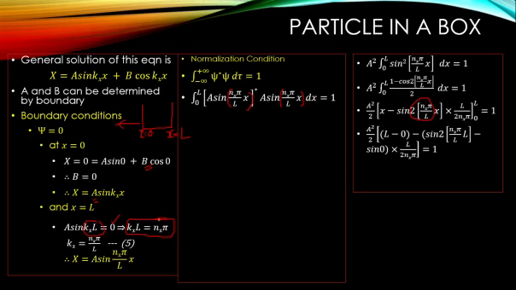Sine of n pi is 0, so that term will be 0. Minus, now applying the lower limit, x is 0, so 0 minus sine 2 nx pi by L into 0, so that is sine 0.